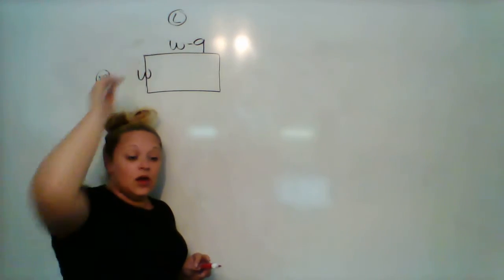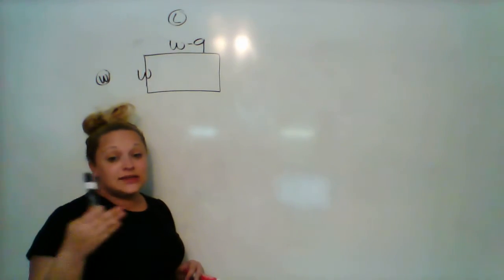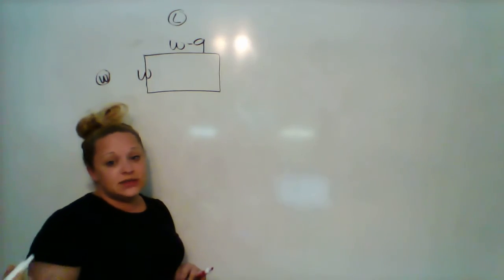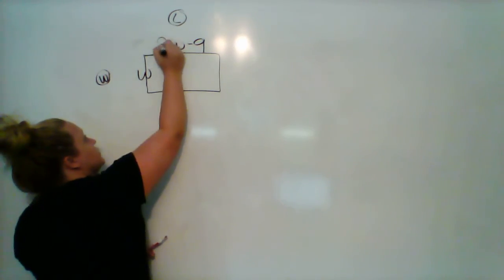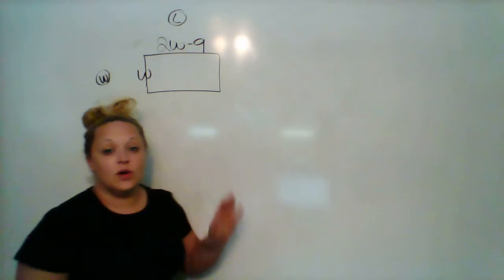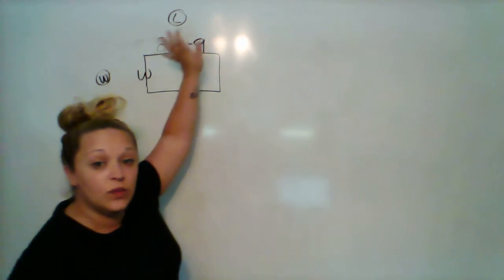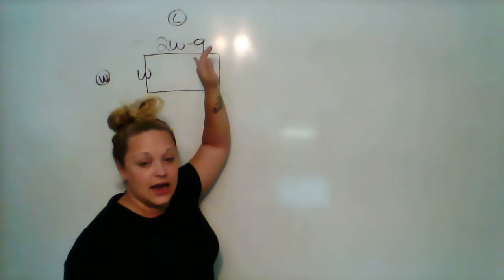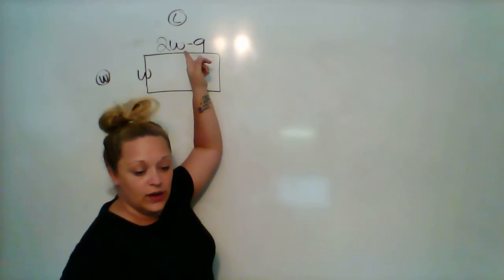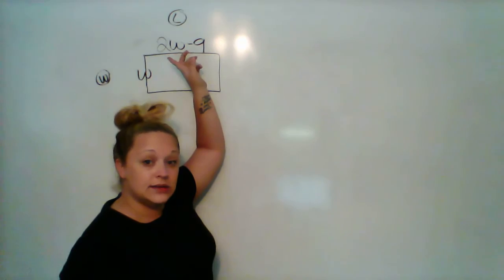Well, then I have to go see where it says twice the width. Well, anything twice means times 2. Okay? So, in the problem, it said there's a width. And then to find the length, it's 9 inches less than the width times 2.